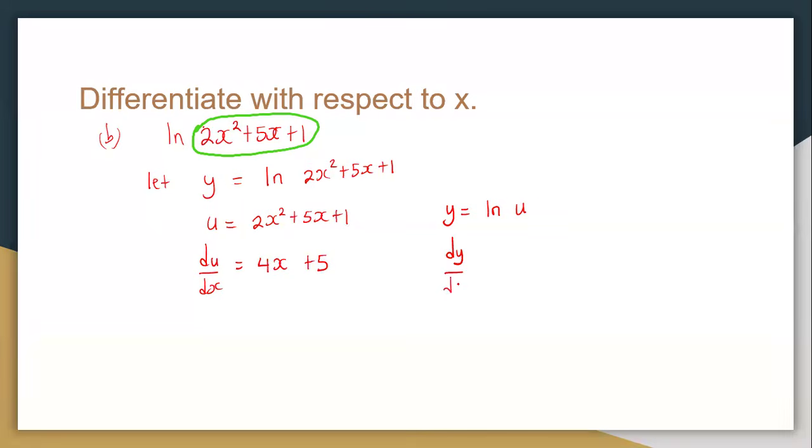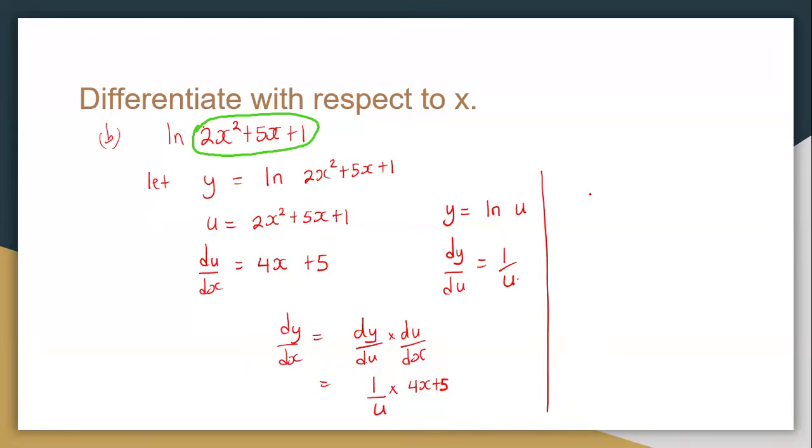And therefore, you have your dy/du. This is always automatically 1 over u. Therefore, to get our dy/dx, we shall have dy/du times du/dx. What is our dy/du? It is 1 over u. So we shall have 1 over u times du/dx, which is 4x plus 5.